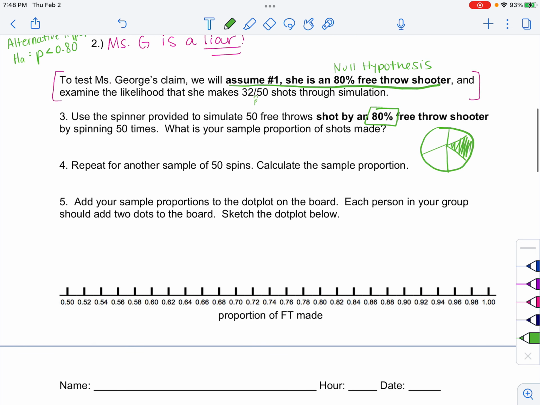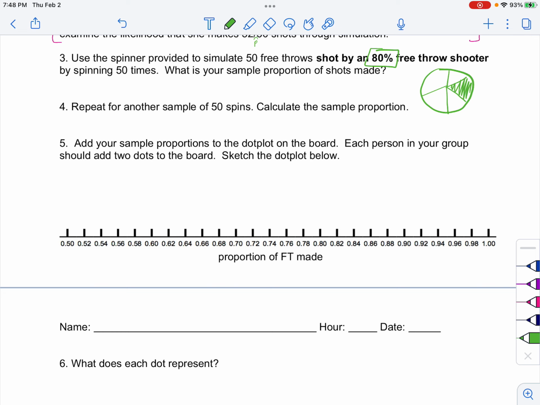Since we don't have the whole class here for data, I can't do 3 through 4 exactly, but number 5, I'm going to give you the class data from last year. So let's plot these points. Notice as we are plotting these that this is a good dot plot because this dot plot is labeled.